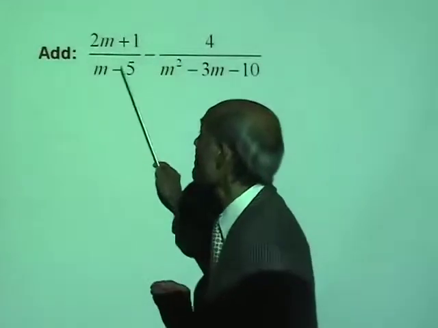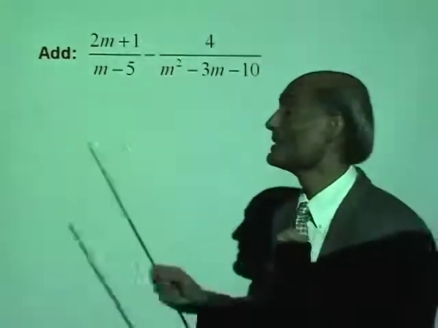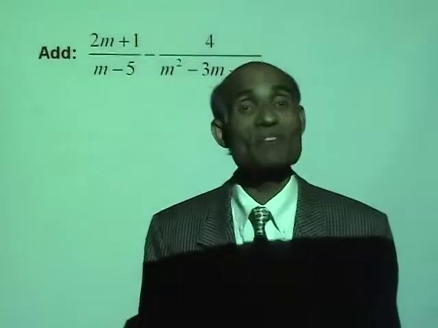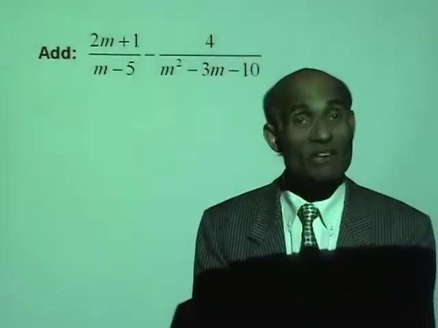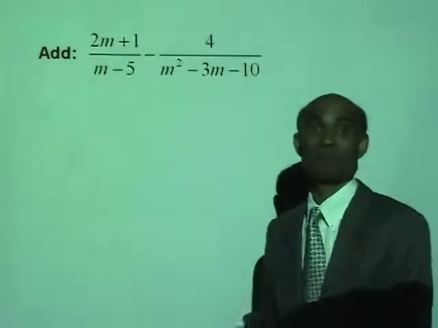Now the first denominator is m minus 5, that is one factor. And the second denominator is m squared minus 3m minus 10. We need to factor that. That trinomial can be factored. Can you factor that for me?